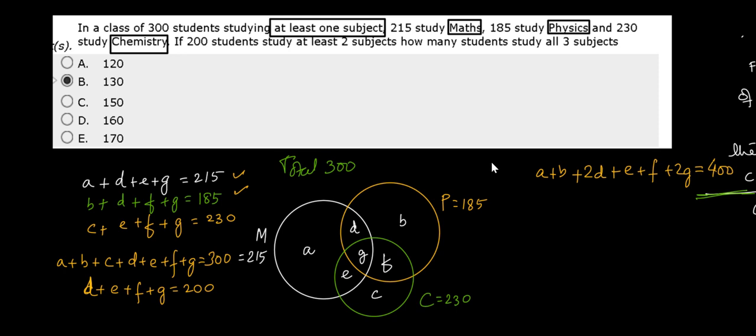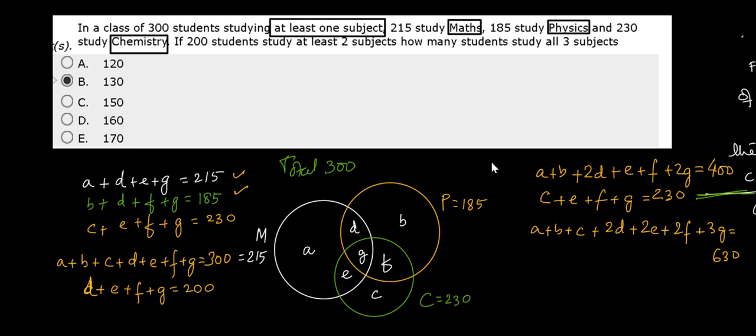And we add the third equation, C plus E plus F plus G, which is 230. So I will get A plus B plus C plus 2D plus 2E plus 2F plus 3G is equal to 630.